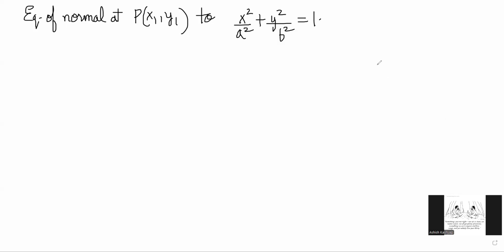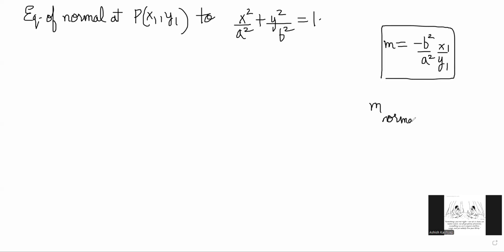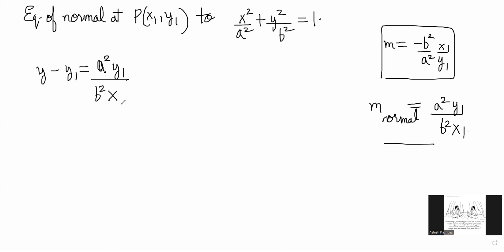And the slope of the tangent had come out to be minus b square by a square x1 by y1. We just now did that using calculus. So the slope of the normal would obviously be a square y1 by b square x1 because the normal is perpendicular to the tangent. So now we'll write the equation of normal as y minus y1 is equal to a square y1 by b square x1 multiplied by x minus x1.